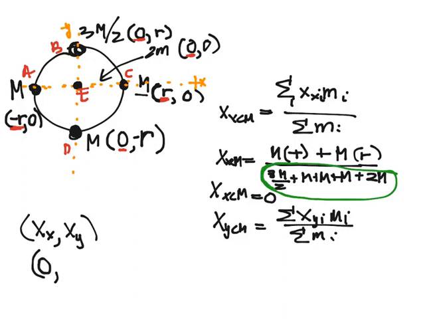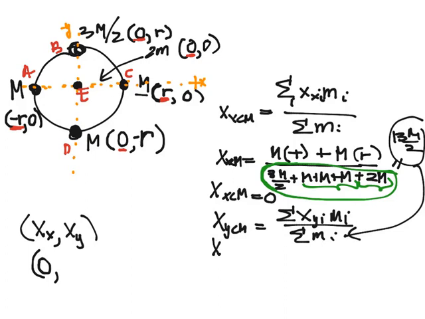I have 3m plus 2m, which is 5m, which is 10m over 2, plus 3m over 2 is 13m over 2. So my total mass is 13m over 2.